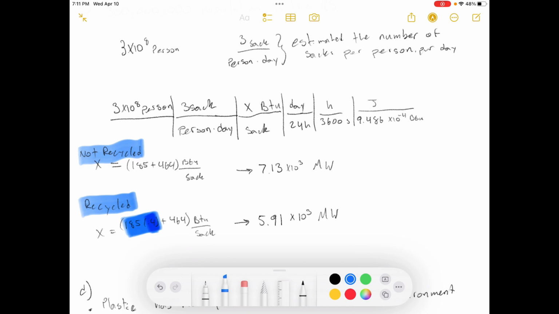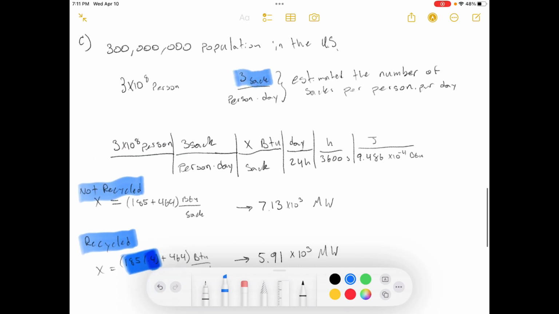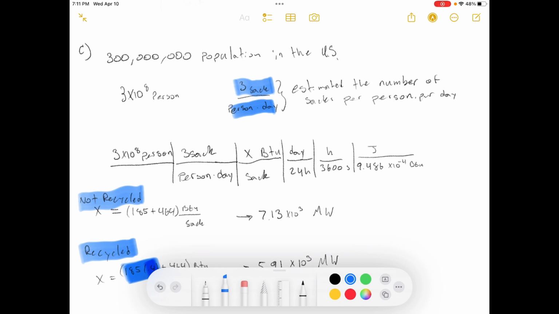Okay, so I assumed in this one that 3 sacks, sorry for the glitch, 3 sacks per person per day, okay? So I'm assuming that maybe there's only one person going grocery shopping for a household or something like that. But then you say, okay, there's a population of 300 million.